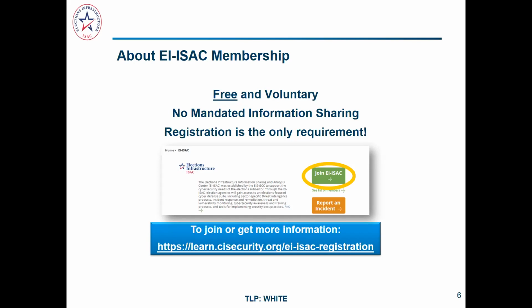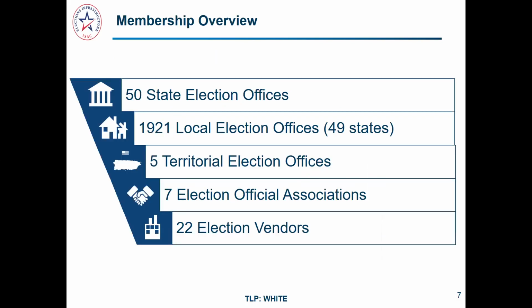So as Judd mentioned, we now have actually just over 2,000 members. We just crossed that threshold in the last week or two. We have all 50 states that are participating in the EI-ISAC at the state level, Secretary of State, boards of election, et cetera. And we now have 1,920 local election offices in 49 states, 5 of the 6 territories.